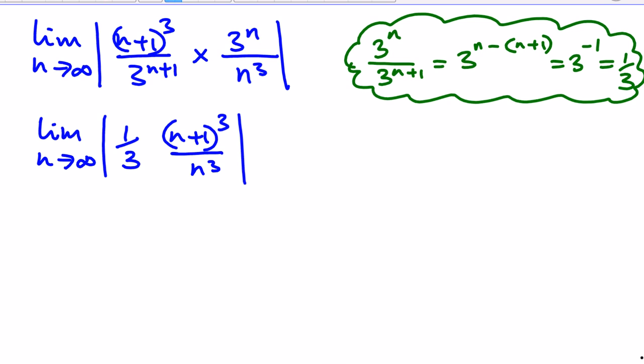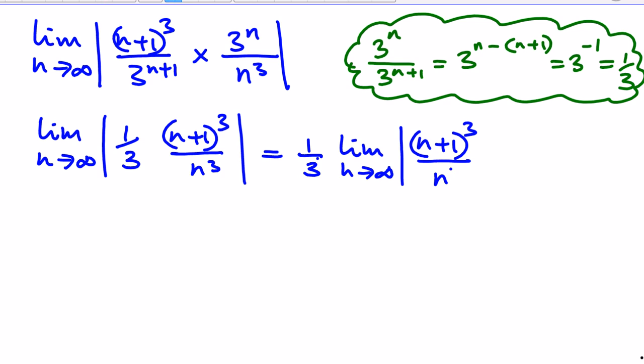Now we can write this as the limit as n approaches infinity of, actually let me factor out a third, of the absolute value of n plus 1 cubed over n cubed. The numerator here is just a polynomial, and the highest degree of this polynomial is n cubed.